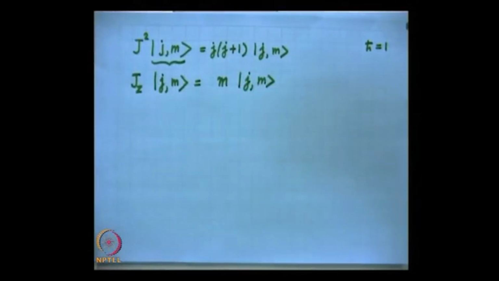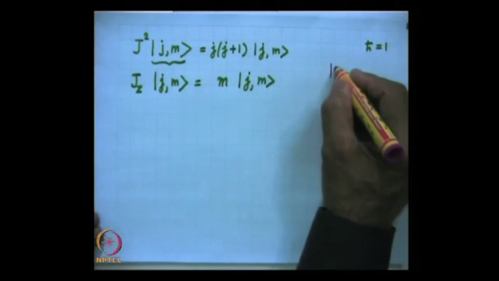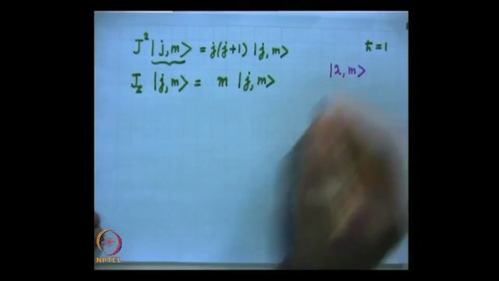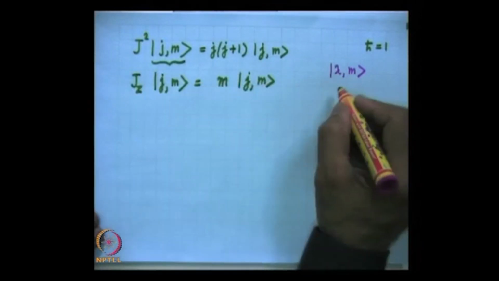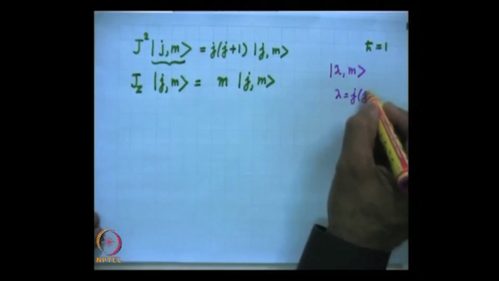If you recollect, initially we had represented the eigenkets as lambda comma m, where lambda was the eigenvalue of the operator J squared, but then lambda is equal to j into j plus 1.